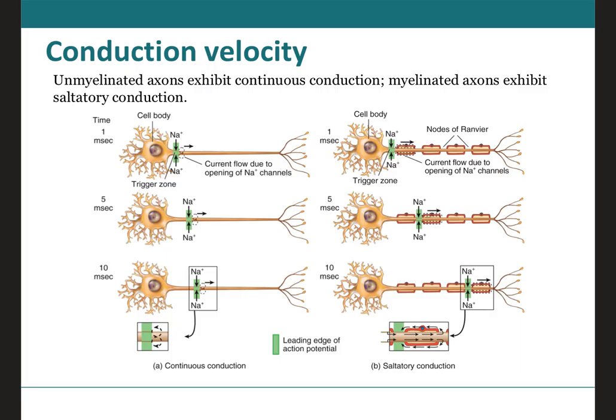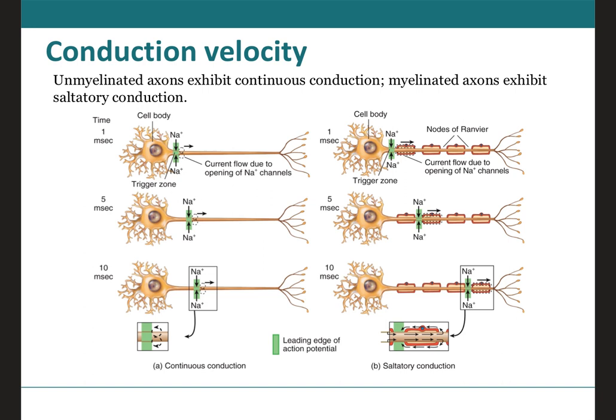With regards to the presence or the absence of myelin, the conduction of action potentials is more rapid along a myelinated axon than along an unmyelinated axon. This has to do with how the exchange of ions occurs in a membrane that's myelinated and a membrane that's unmyelinated.